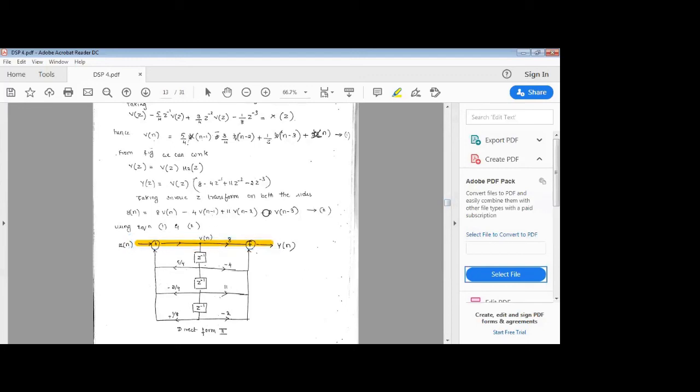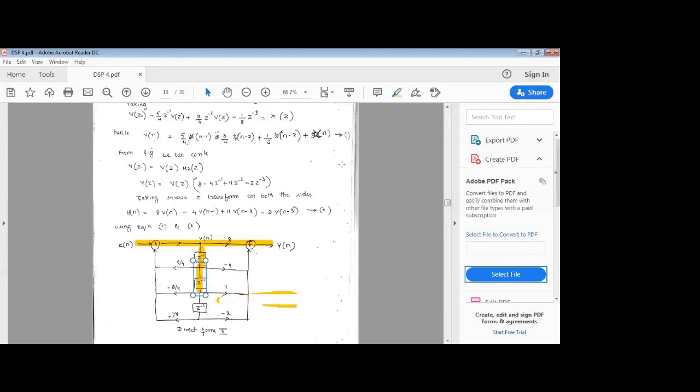This is the first delay element, v of n into z inverse, and at the output of this it will become v of n minus 1. After the second delay element, it will become v of n minus 2. And after the third delay element, it will become v of n minus 3.